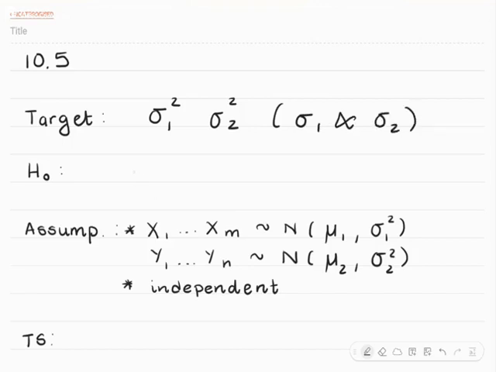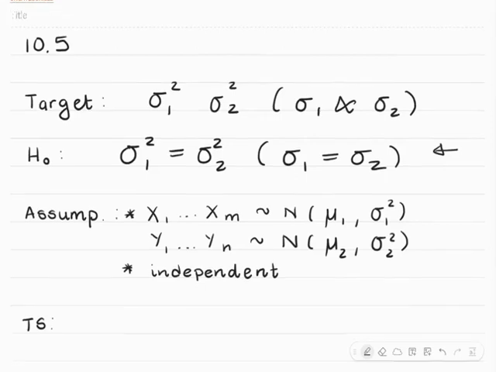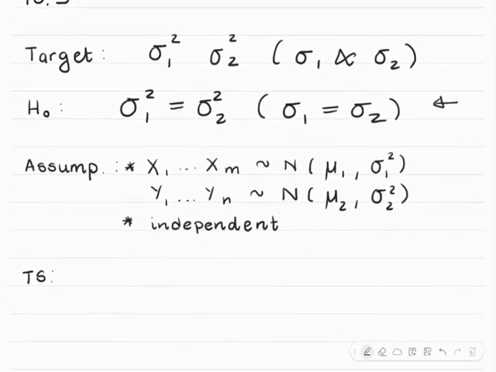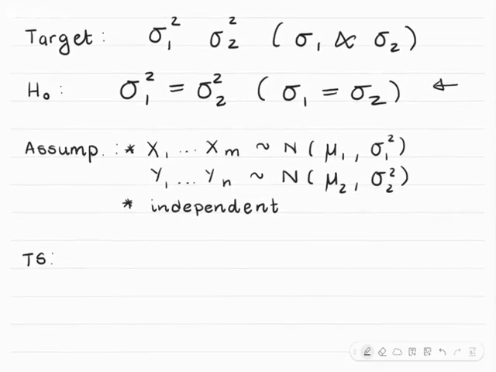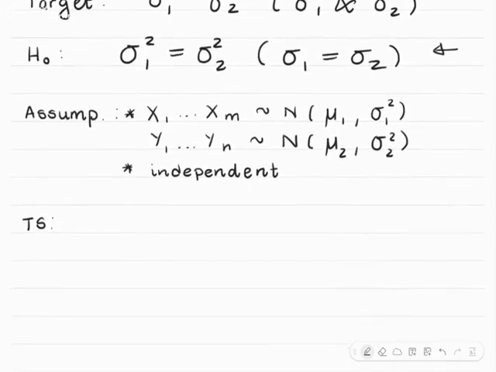Our null hypothesis is always going to be sigma 1 squared equal to sigma 2 squared, or similarly sigma 1 equals sigma 2. Just depends on the question. It doesn't matter which case, even though these might appear a little bit different, the test is exactly the same. So we're assuming independence for both populations, and we assume one has a sample size m, the other has a sample size n.